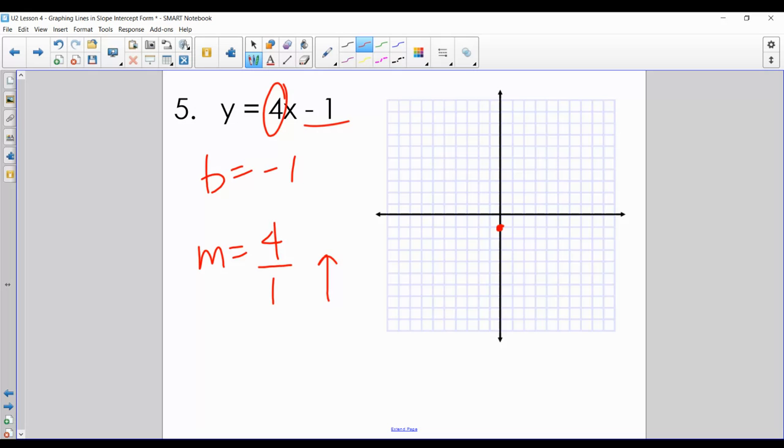Positive tells me go up. I'm going to go up 4 and to the right 1. I'm going to go up 1, 2, 3, 4 over 1. 1, 2, 3, 4 over 1. Draw in my line. Put my arrows.